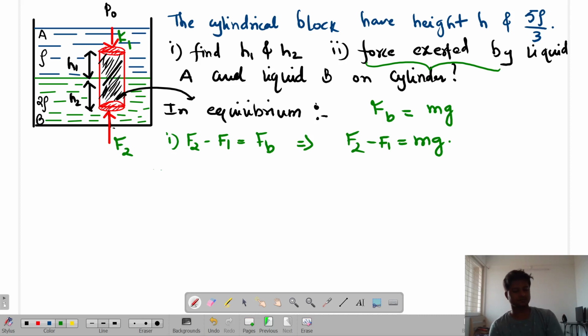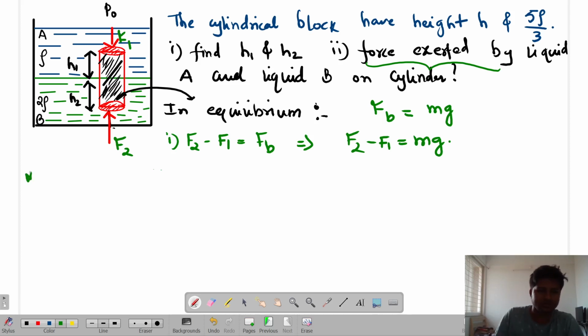Think once again. How can we find H1 and H2? That's the biggest question. We have to definitely calculate H1 and H2. So how to calculate H1 and H2?